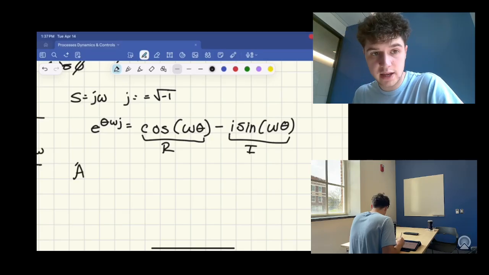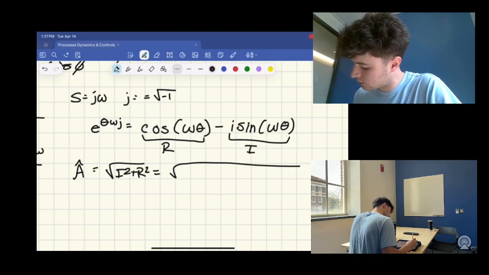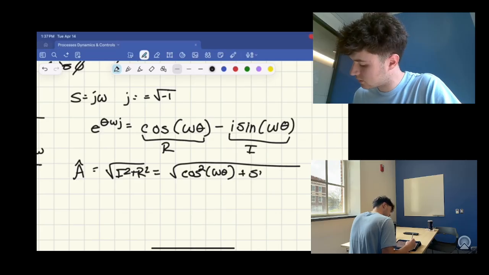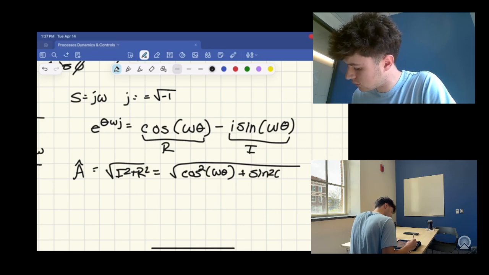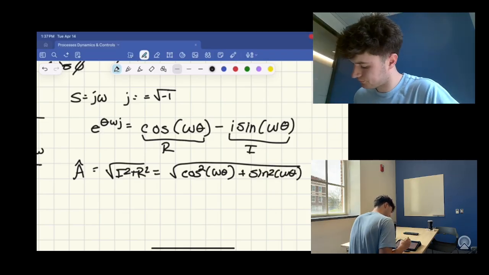So now when rewritten, a hat is going to be equal to, as we said, the square root of I squared plus R squared, which now equals cosine squared W theta plus sine squared W theta. This will equal 1.